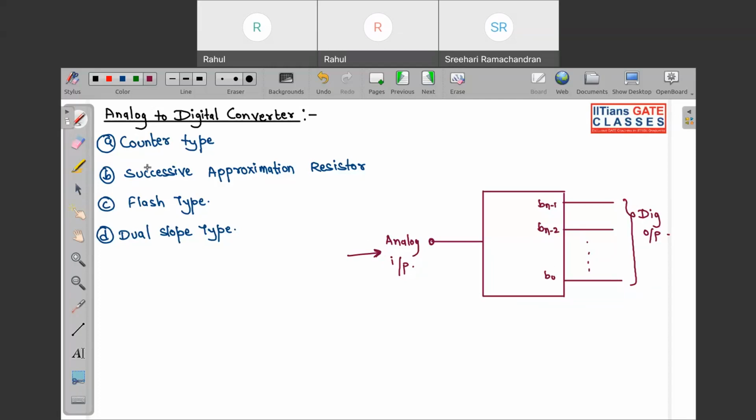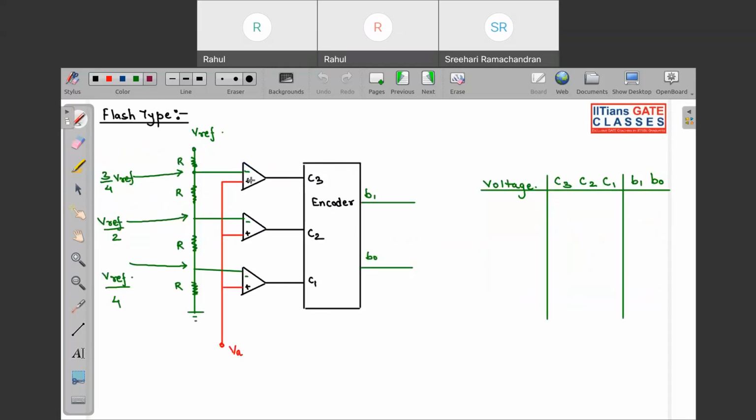Now in this, we have four kinds of ADC: counter type, successive approximation type, flash type, dual slope type. Out of these, the most important are these two. So questions might be asked from this. I will tell you why. See, this is your flash type ADC.